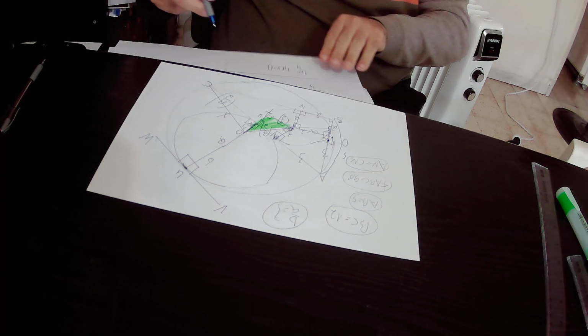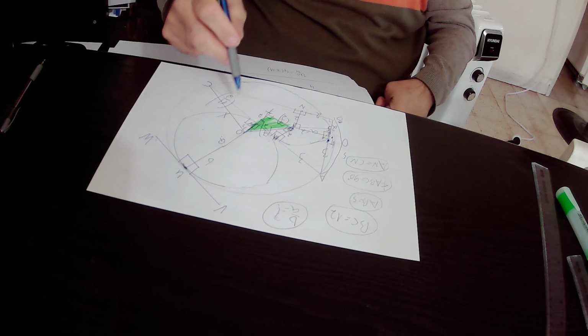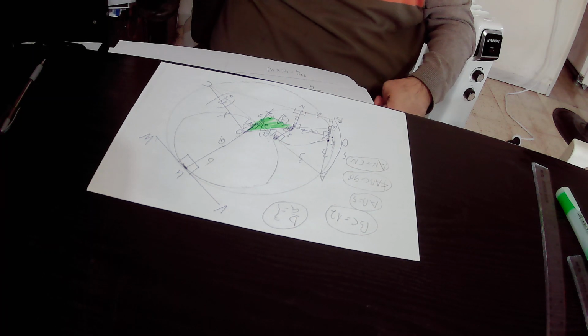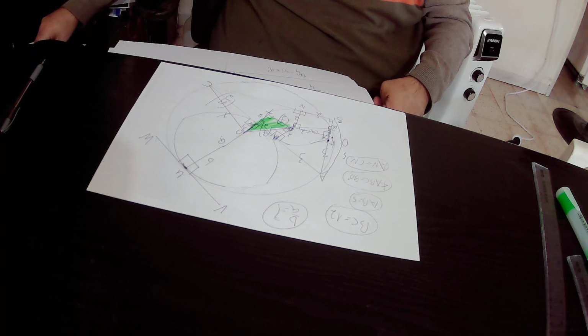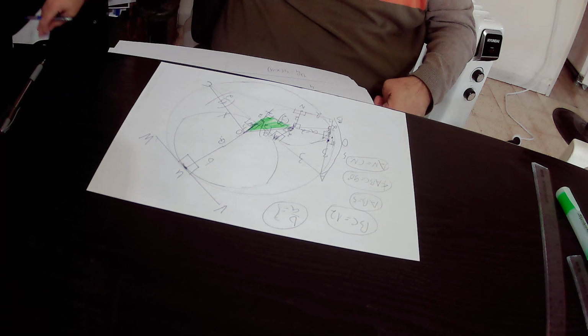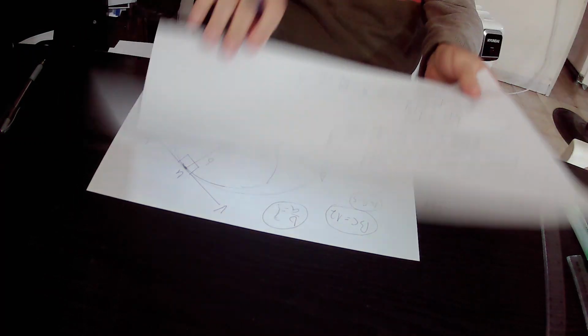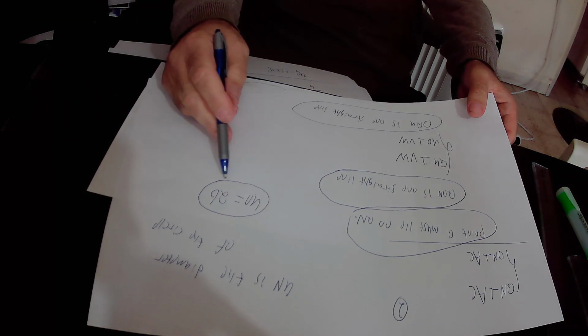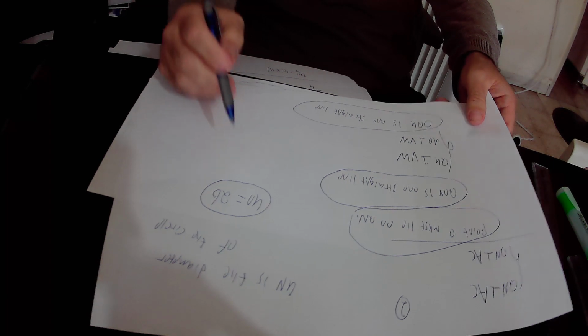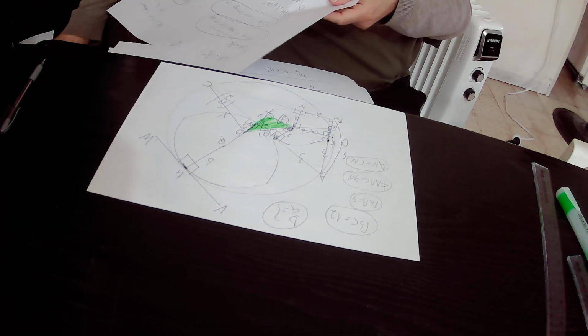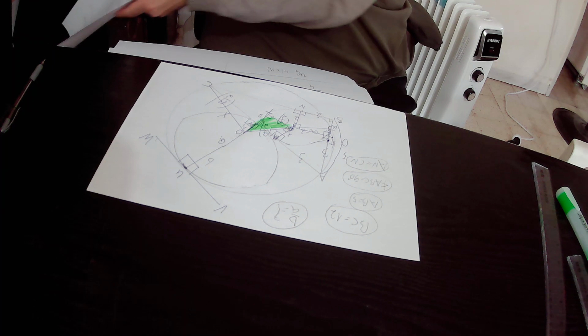But we already found out that UN is the diameter of this circle, that is equal to 2b. I'll repeat again: UN is the diameter of the circle that is equal to 2b. So I can write down that UN also equals 2b.